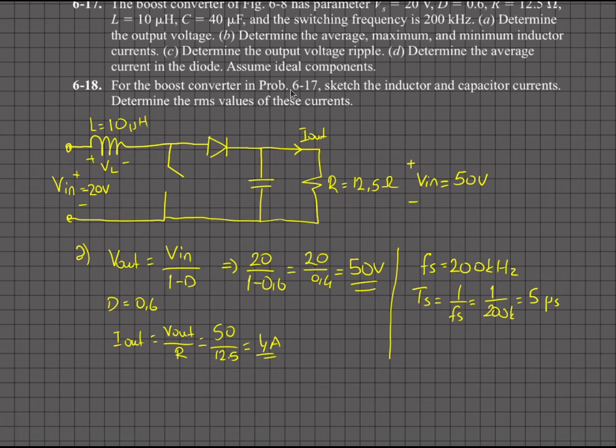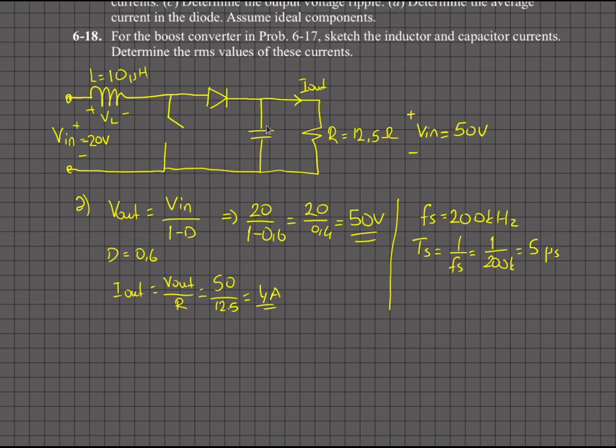Okay, so first let's plot the voltage and current characteristics, but there's another important thing. Let's think we have a black box. It's the same thing for a buck converter or boost converter, and in this course we are not interested in the losses in the converter.